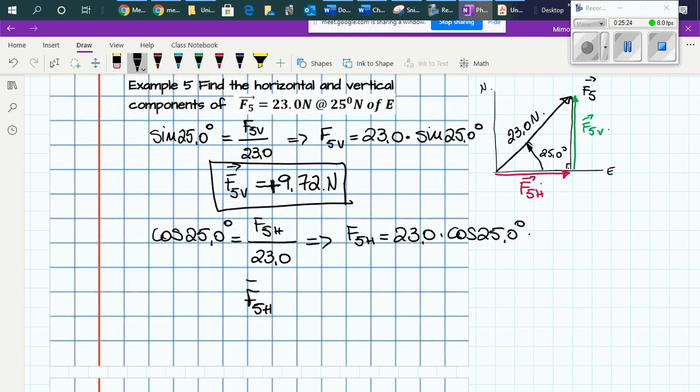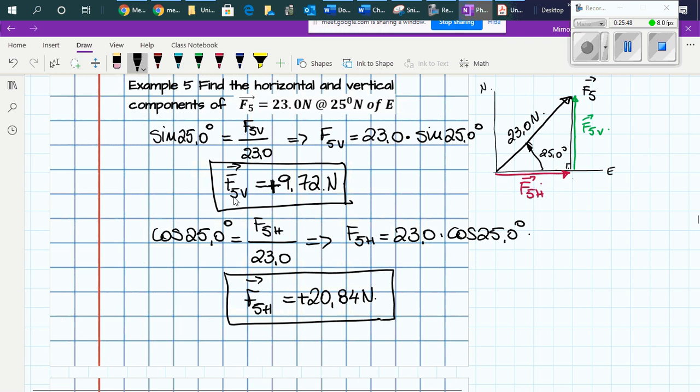F5 horizontal will be 20.84 newtons. Since it is going in the east direction, it is positive, and we have to state the fact that it is positive. Clear?